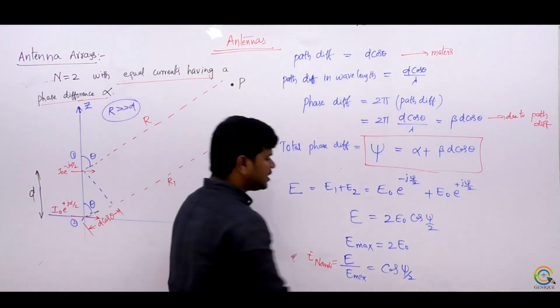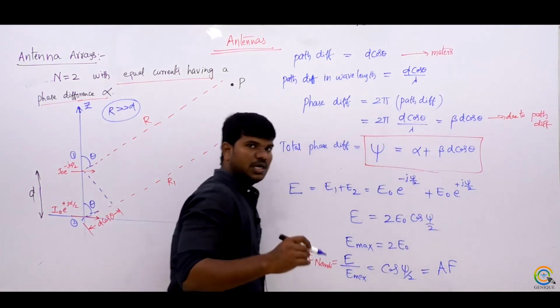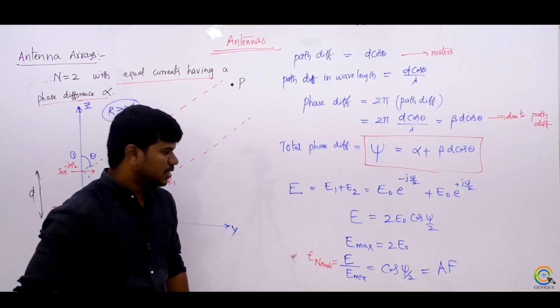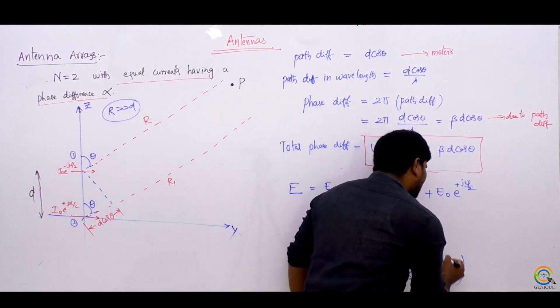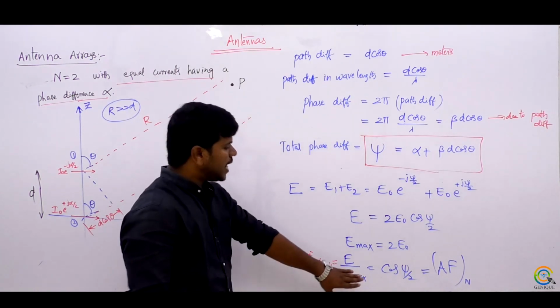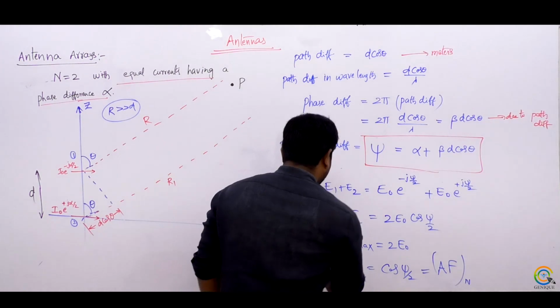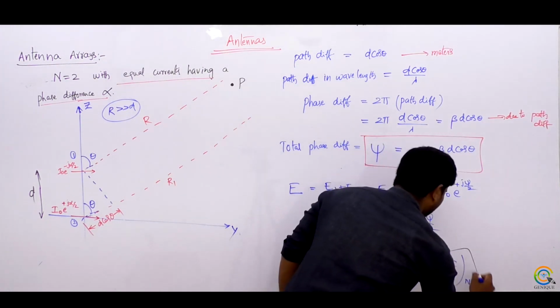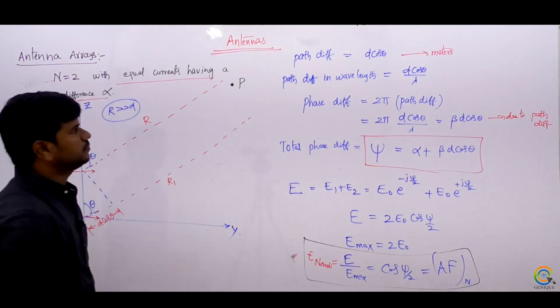This E normalized is also called the array factor. Because its amplitude is 1, we can also say it is the normalized array factor. This is very important for proceeding next.